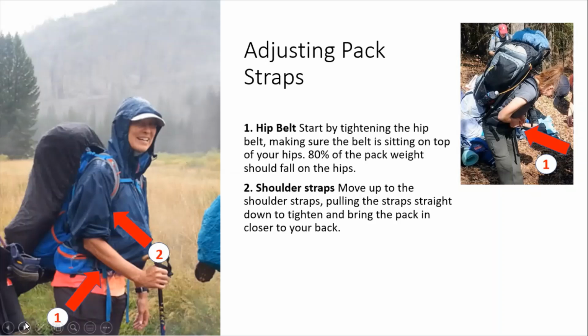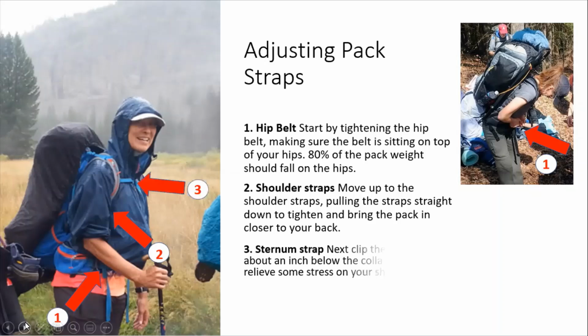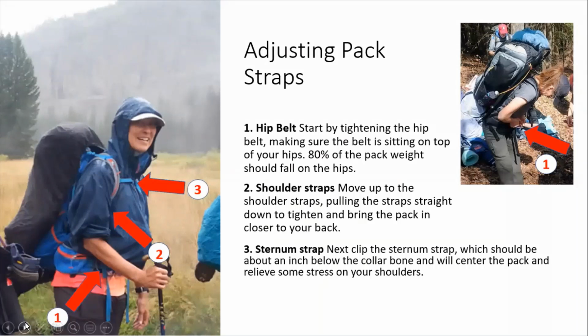Again, you want things compressed in, so it's not swinging around and causing you to have balance issues. The next part is to fasten the sternum strap, which is going to fall about 1 inch below your collarbones. And after you buckle it, you'll snug it a little bit too, which will help center the load and pull a little bit of the stress off of your shoulders.